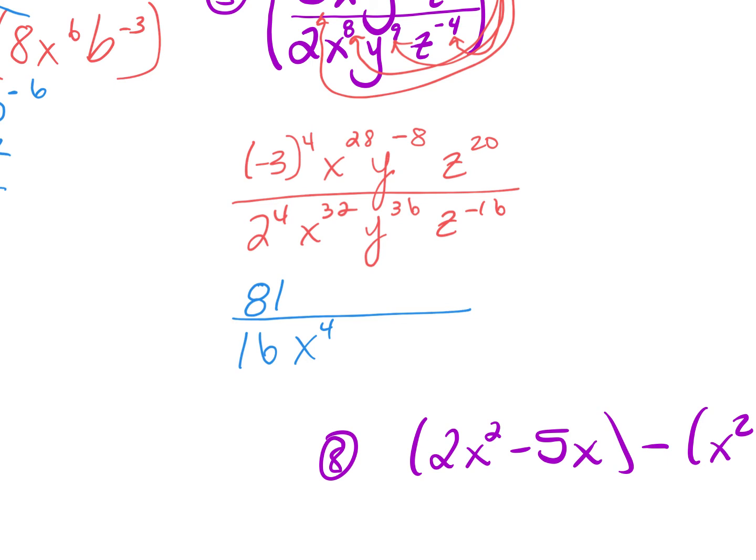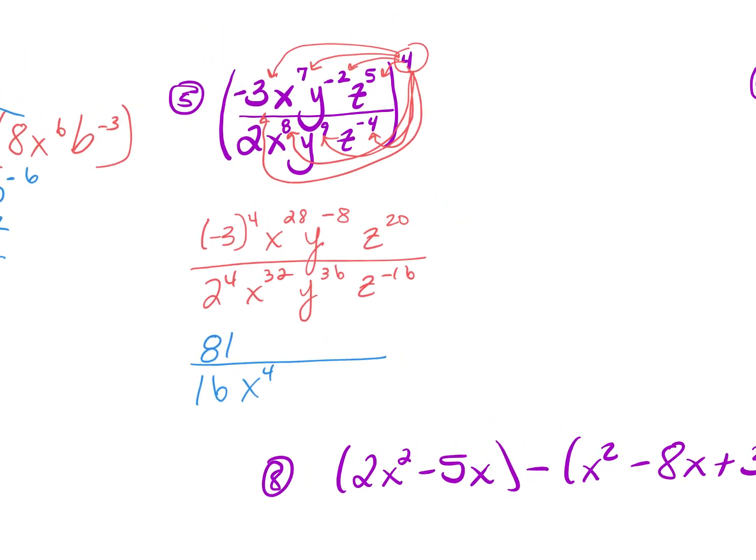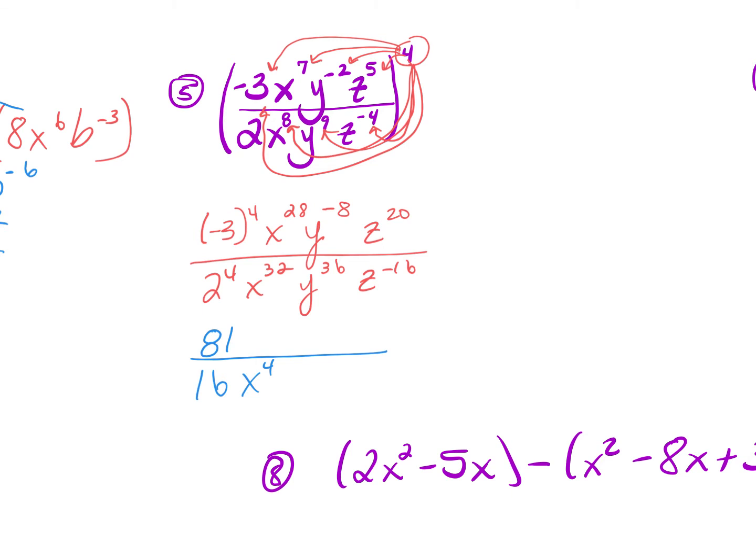Why would it be x to the 4th instead of x to the -4? Okay, so you could write it like this. If you wanted to, you could write it like this. X to the -4th. And then what would y be? Positive 28.